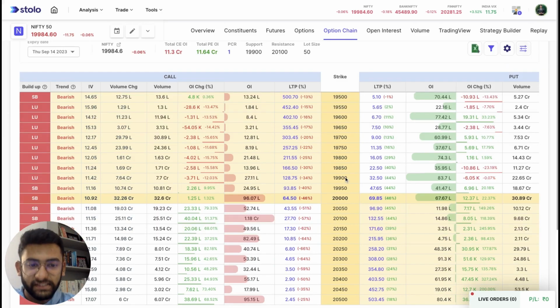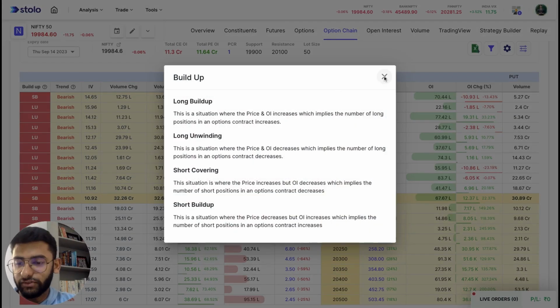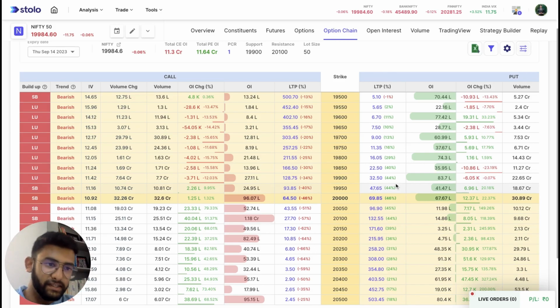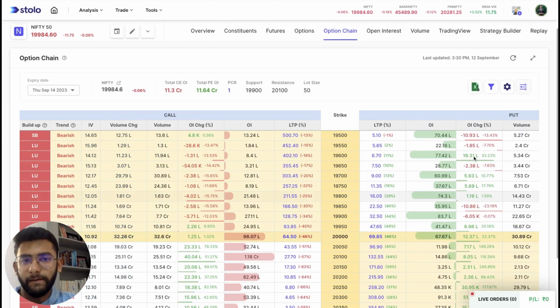So we have your strikes here. You have your last traded price. You have your OI. You have your OI change, volume change, IV, your build up, and your trend data, right? So to understand build up and trend, we have a small question mark here, which would explain each of it as well, right? The logic behind it, so that you would understand as well.